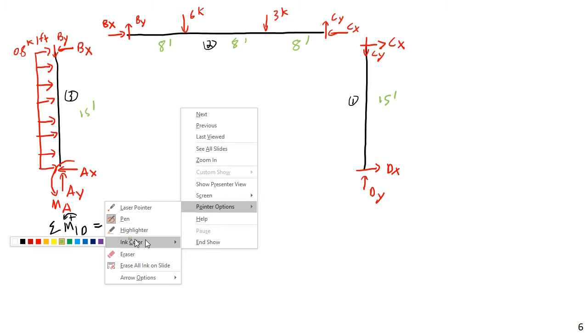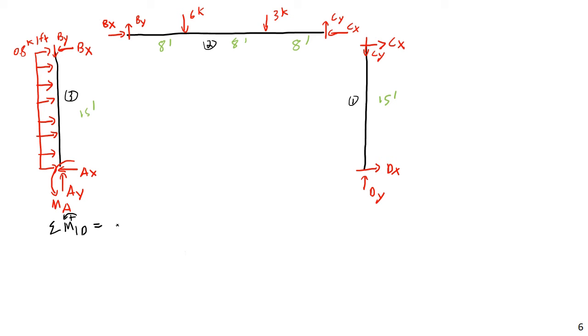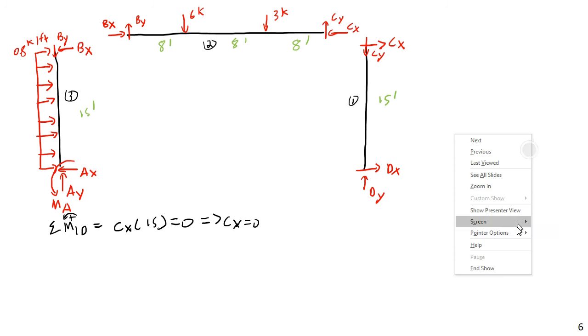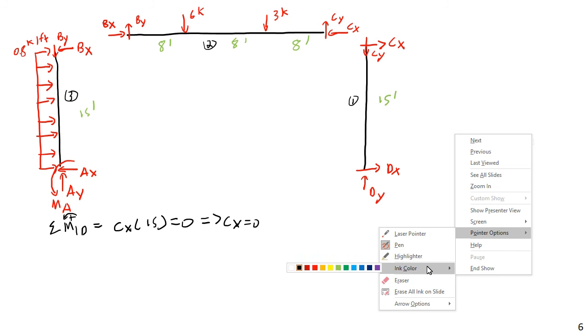So if I do a sum of moments on object 1 about point D, I get that Cx times 15 is equal to 0. Therefore, Cx is equal to 0. Why didn't Dy, Dx, and Cy appear in that moment calculation? Exactly, their line of action passes through point D. Good. Stay, review from statics.